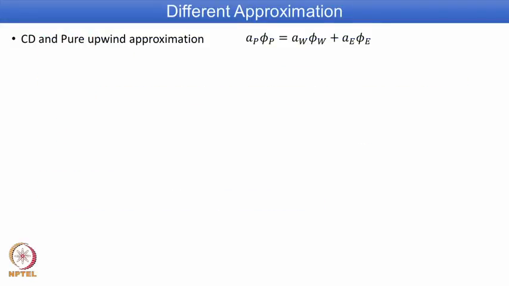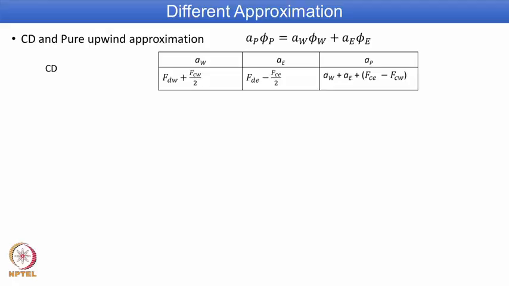For the sake of completeness, we will list all the scheme information. For CD and pure upwind approximation, the generic formula is AP phi P equal to AW phi W plus AE phi E. In the case of the CD scheme, the coefficients AW, AE and AP are listed as shown, and you can recognize that AP, the point of interest coefficient, is a summation of the neighboring coefficients, that is AW plus AE plus an additional term.